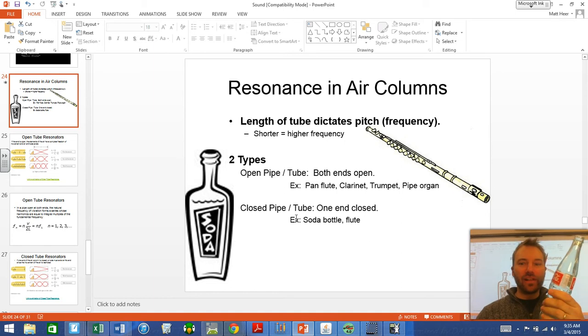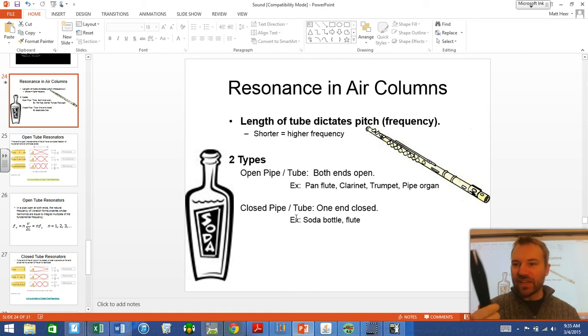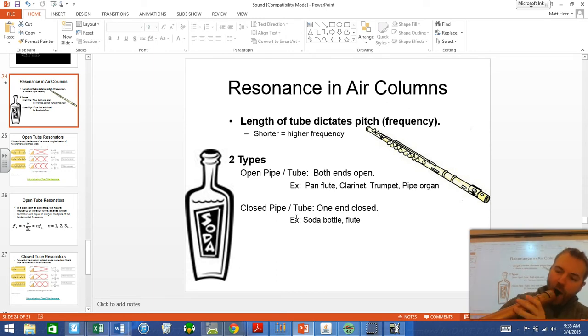I'm sure that you guys have all at some point taken a soda bottle and blown over it, or maybe when you were a kid you had a recorder. Or maybe I've got this guy right here, it's like a slide whistle, big old.